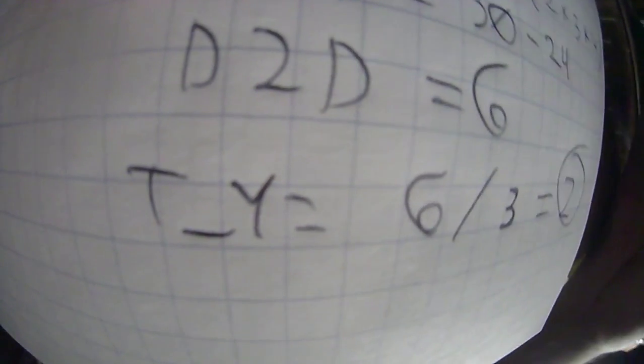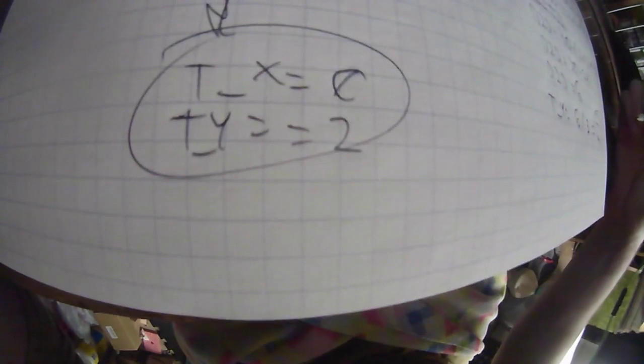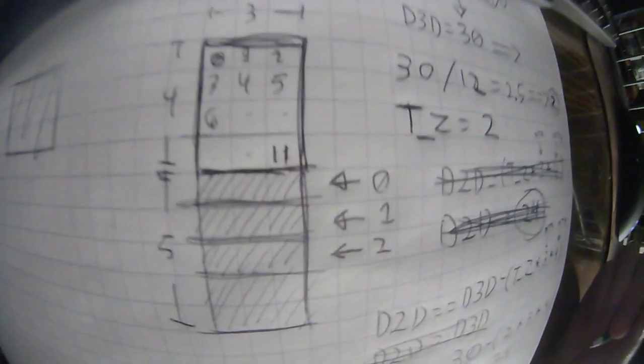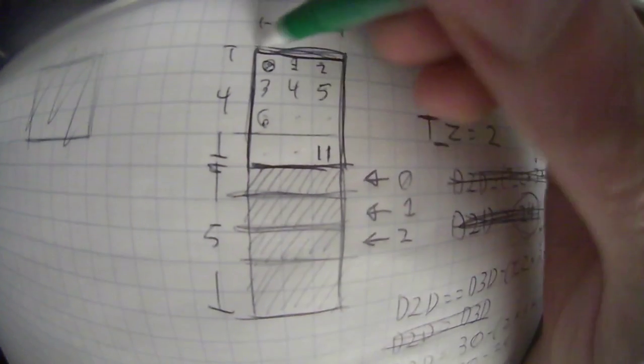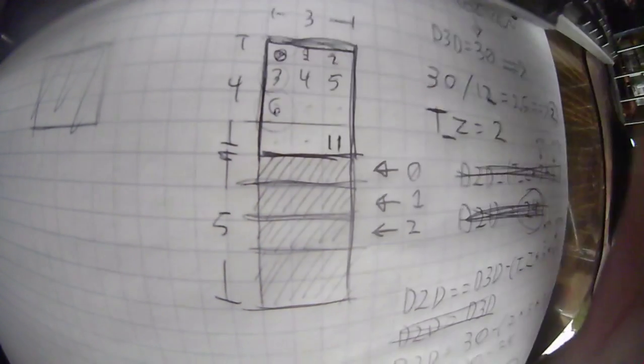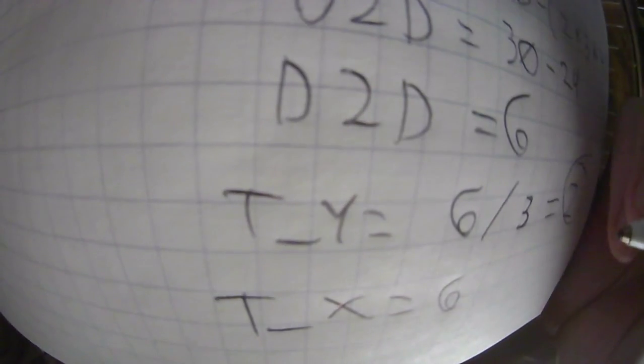So we got 2. Ty is equal to 2, and if we check our little ledger here, in fact, we've already verified it in our diagram. Ty is equal to 2, right? Because it's 0, 1, and then 2, because it's that 6 right there we're trying to get to, right? Okay, so Ty is equal to 2, and Tx equals dex 2d, and d2d is 6.